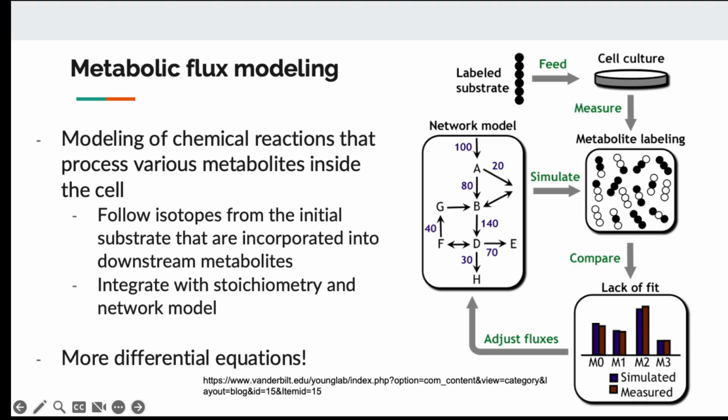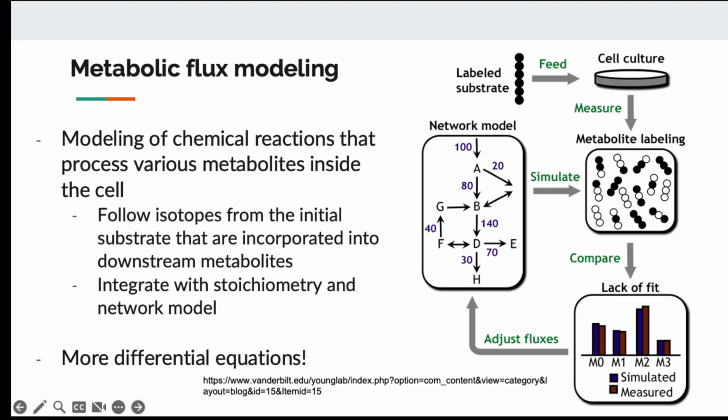So we want some experiment that we can perform so that we can understand how the substrate flows through the metabolic network. In this case, people use isotope labeling. If you label the substrate with an isotope and you feed it to the cells, similar to when we use this to analyze mass spectrometry data, where we treat the cells with different food, like with heavy and light isotopes, and then we can study the proteins with different isotopes.